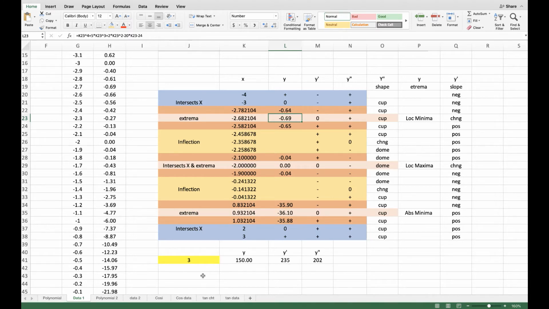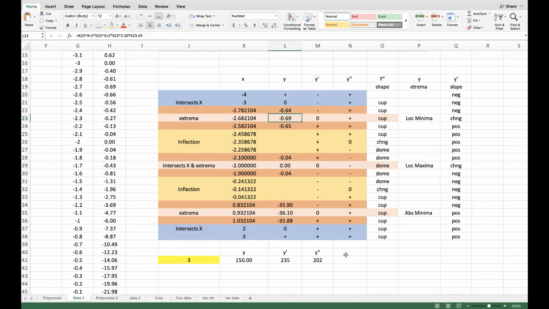And so we don't have to spend a lot of time plotting points and hoping that we've plotted them close enough to not miss something in the curve. So that's the utility of this.